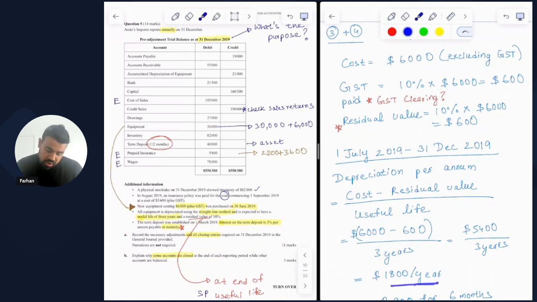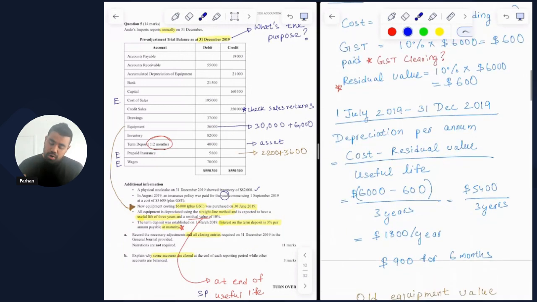But this asset was purchased on 30 June 2019, which means this asset will only be used for the last 6 months in the financial year 2019, which is starting 1 July 2019 and ending 31 December 2019, right? So if the depreciation on an annual basis is $1,800, then on a 6-month basis, it should be divided by 2, which is $900 for 6 months, okay?